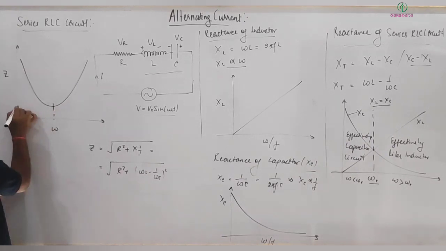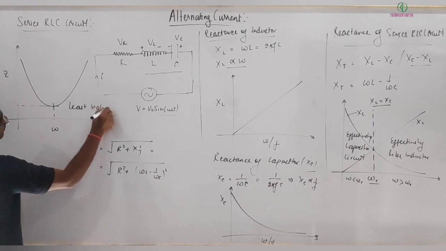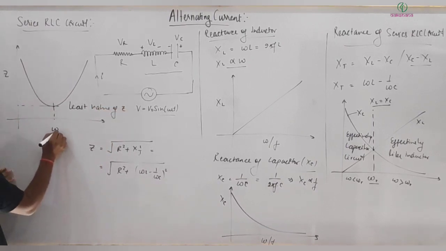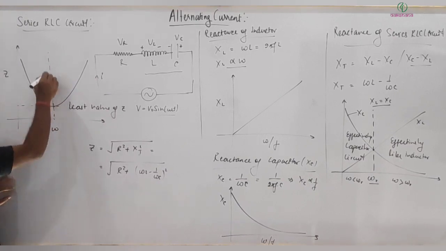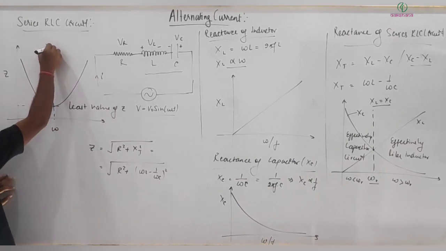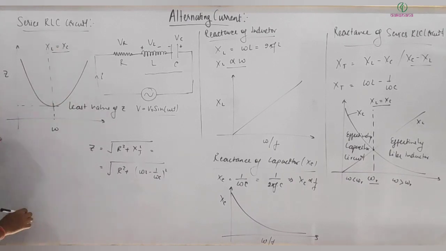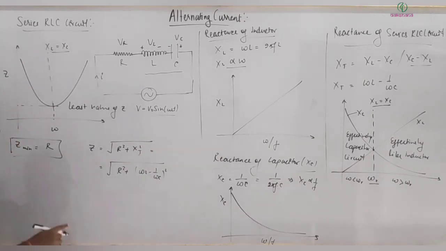This is your least value of Z. And at this point, again X_L is equal to X_C, and here your Z will be least and Z minimum is given by R. You can see it here, right?